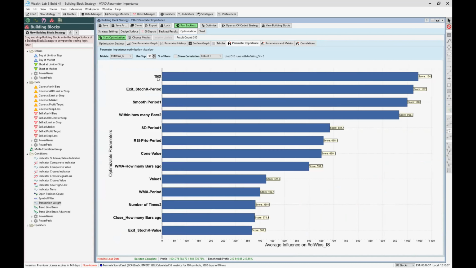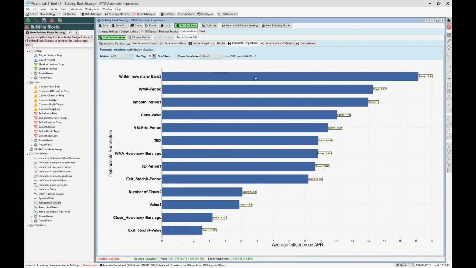How important is your given parameter to the here selected metric? Let's say to our performance, RPR. And the bigger this graph, the more important the parameter is. And sometimes you have here parameters that are nearly not important. So you can skip these parameters if you're doing new analysis.